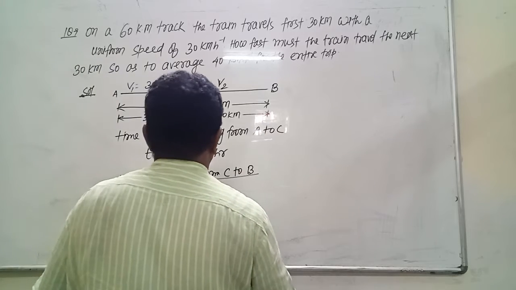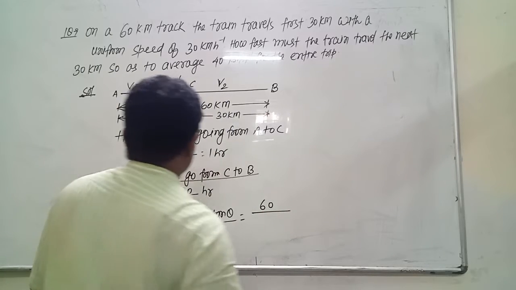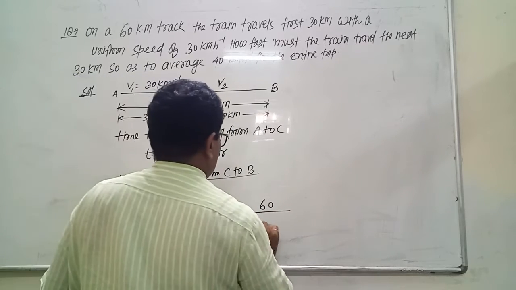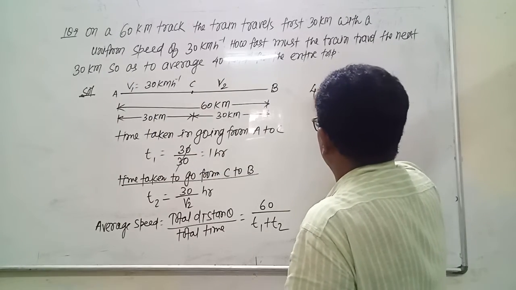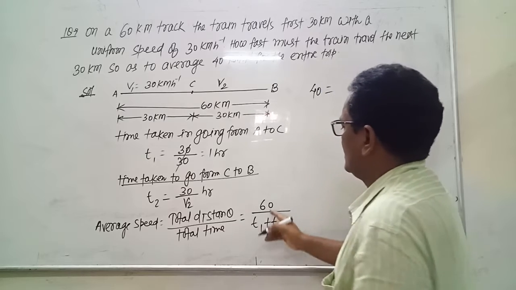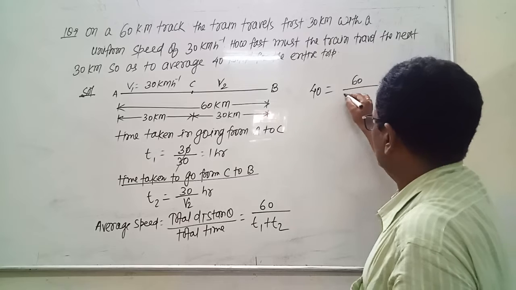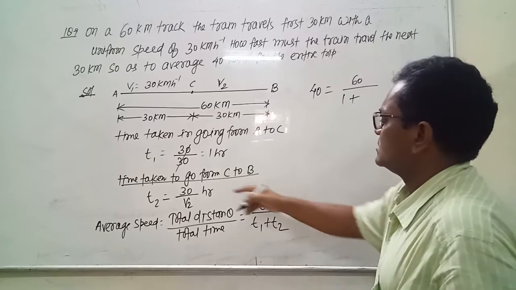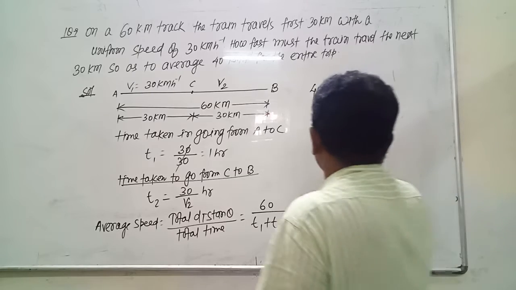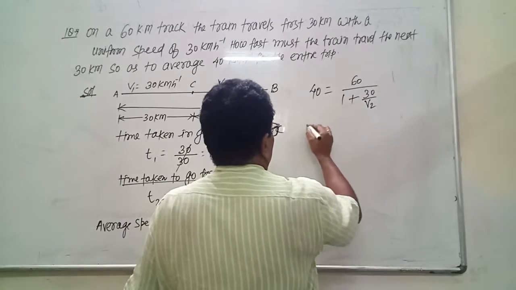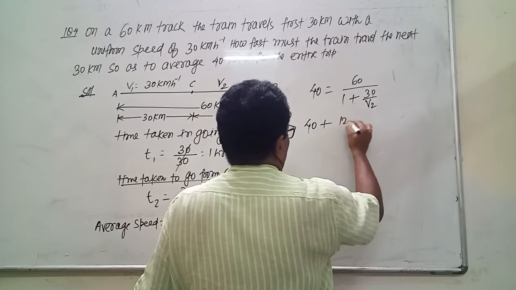The total distance is 30 plus 30, 60 km, and total time means T1 plus T2. Now the average speed is given as 40 km per hour. Total distance is 60, time T1 we have calculated as 1 hour, and time T2 is 30 by V2. Do cross multiplication: 40 into 1, 40 plus 40 into 30 by V2.